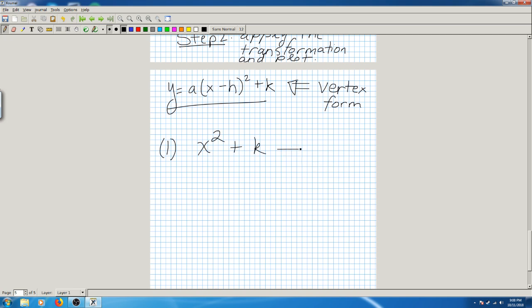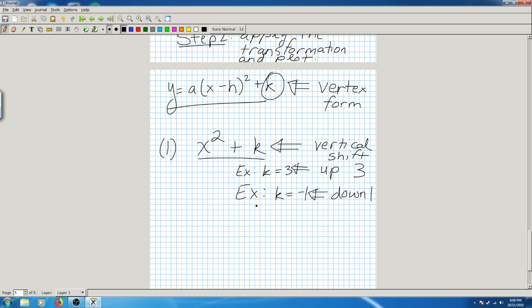If k were a positive number, for example, if k were 3, that means this is x squared plus 3. That would be a vertical shift, up or down. If k were positive 3, that would mean up 3 units. If k were negative 1, that would mean down 1 unit.